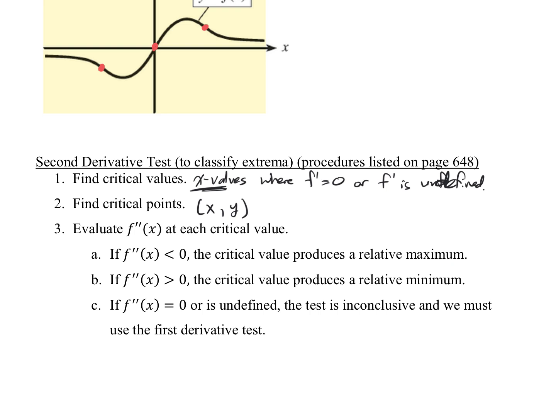Now, let's pause and think about why that would be true. Okay, we have a critical value over here. I'm going to just call it x, and let's say that the critical point is just a point up here. Now, in order for this to be a critical value, your first derivative would have to be 0.